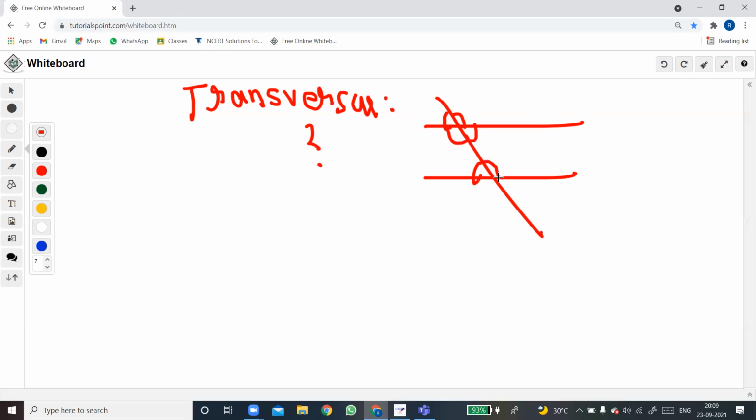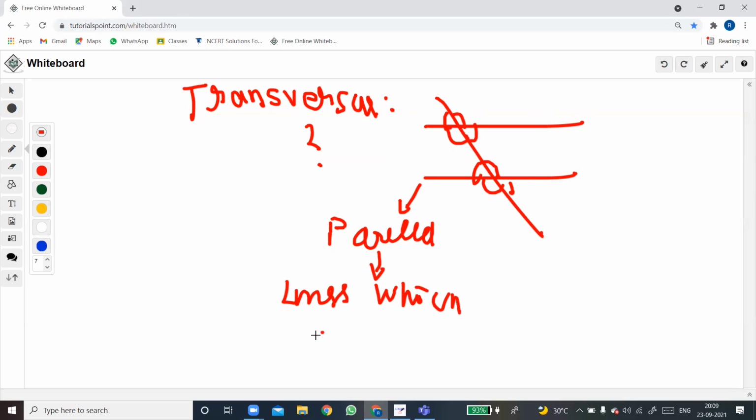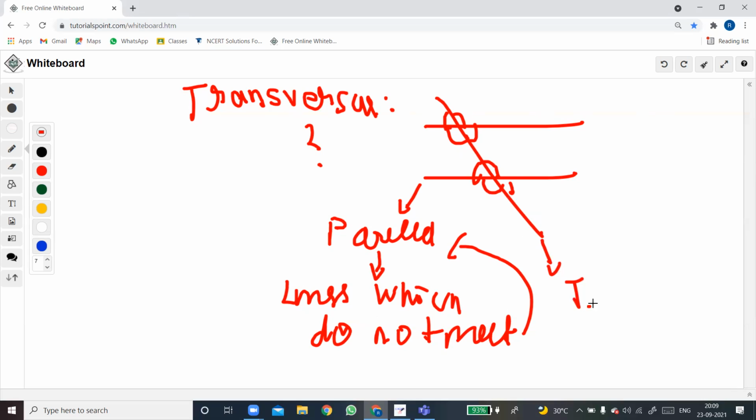A transversal involves two parallel lines. Parallel lines are nothing but lines which do not meet. This other line is known as a transversal line.